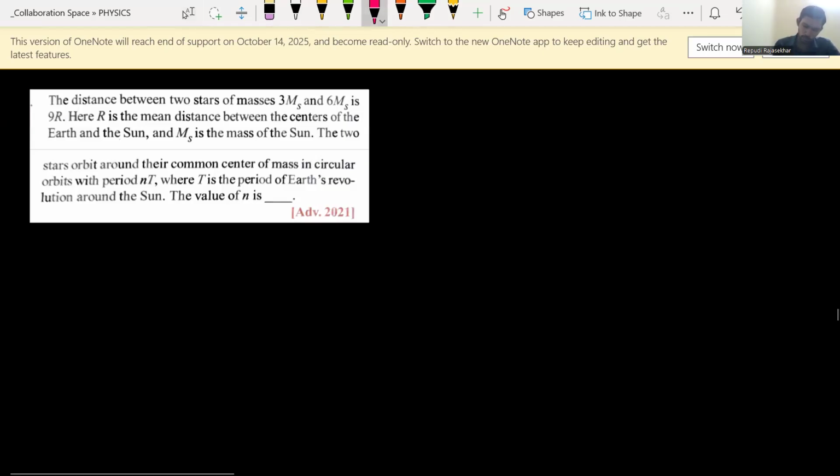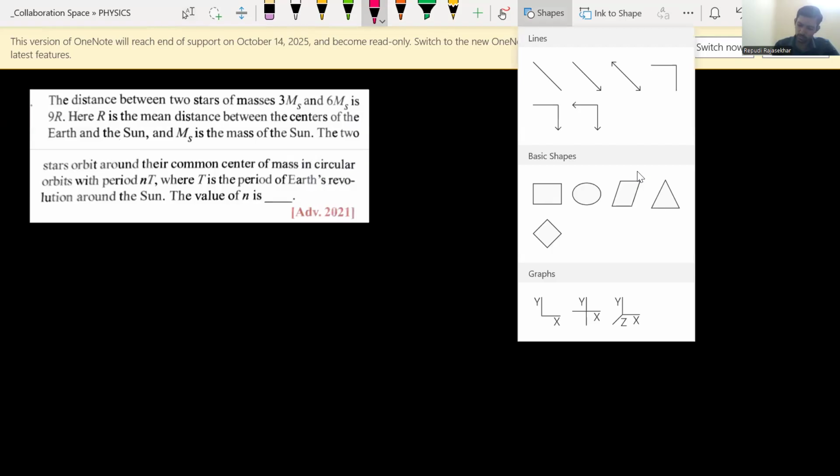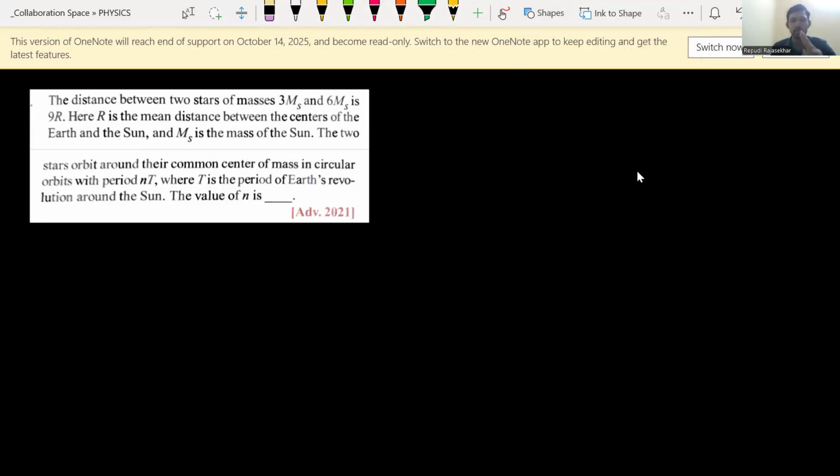Let us take two particles separated by a certain distance. There are 2 methods for finding center of mass. Both the methods I will give you, but I prefer the first method, which I basically use. Two particles, both separated by a distance. Let us take the distance between the particles as 9r. This is one particle, and this is another one, the heavy mass, because the masses are different. See the question carefully.